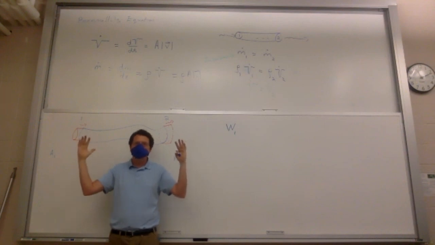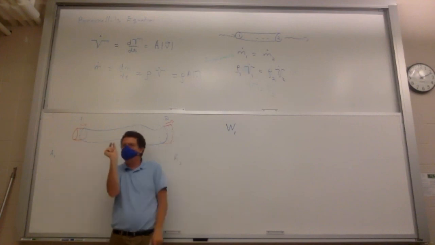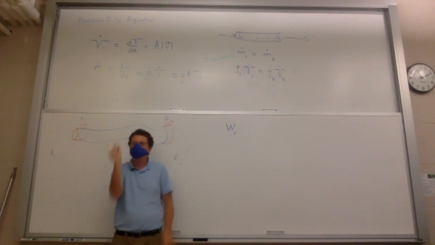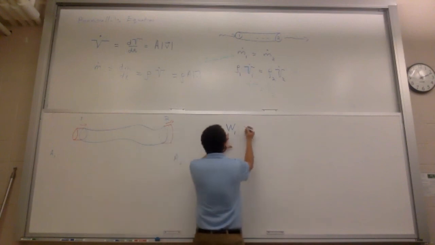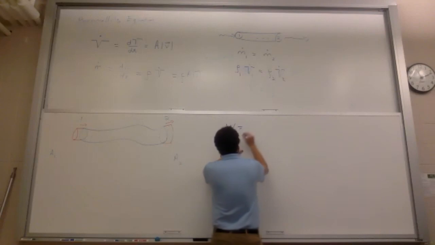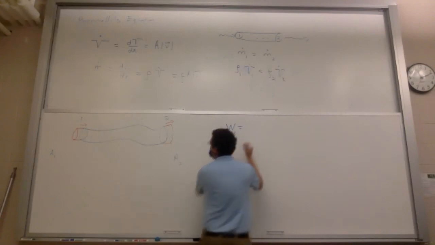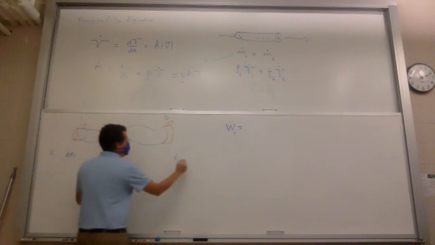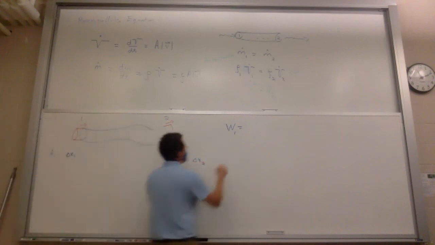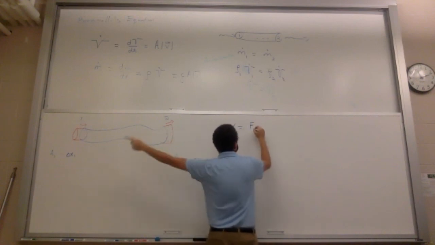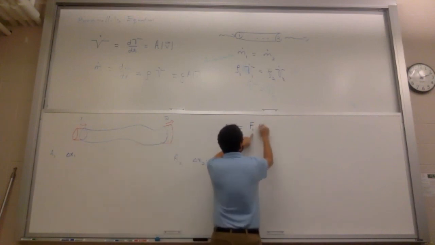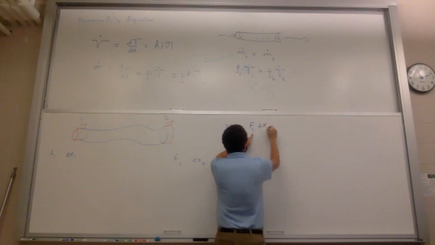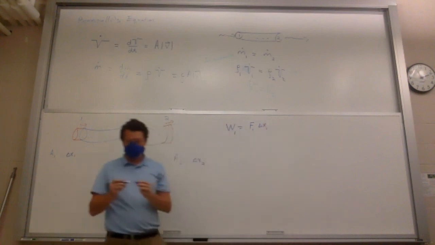So you don't have to do the integral, it really is force times distance, and distance is going to be baby steps. I'll say over here I've got delta x1, and over here I'm going to have delta x2. So the work is going to be the force on side 1 times the distance that the fluid travels. Awesome.